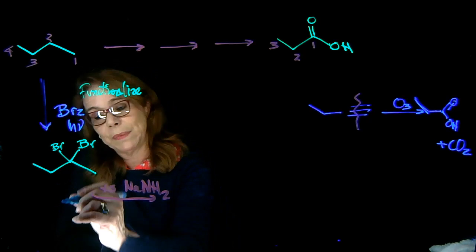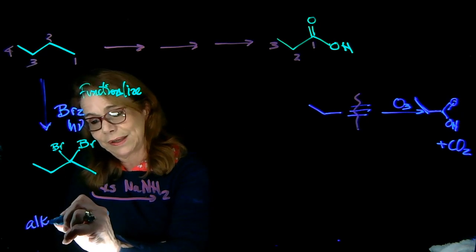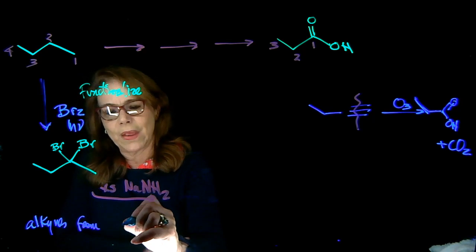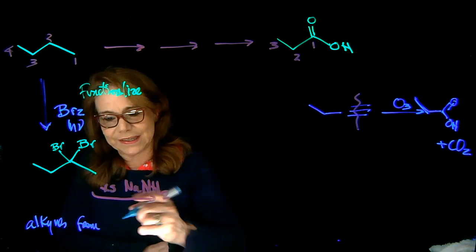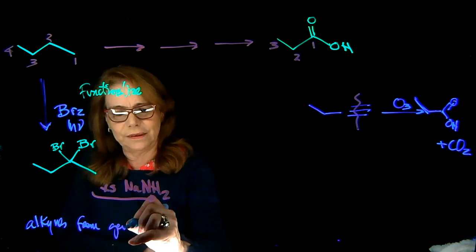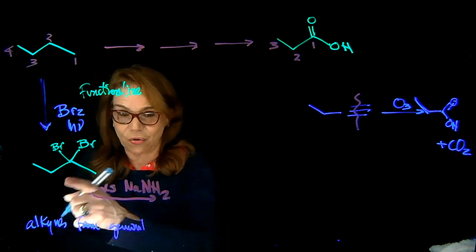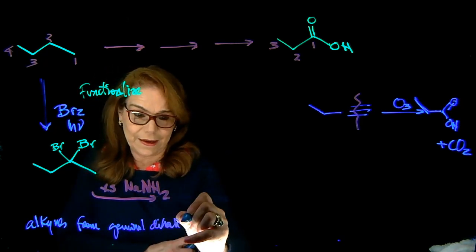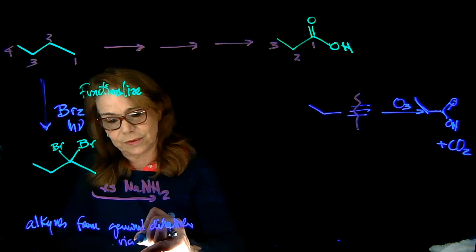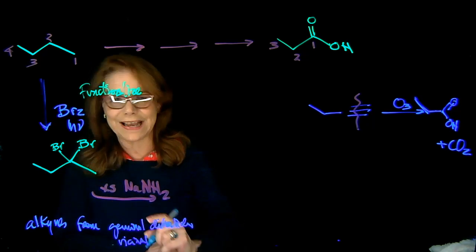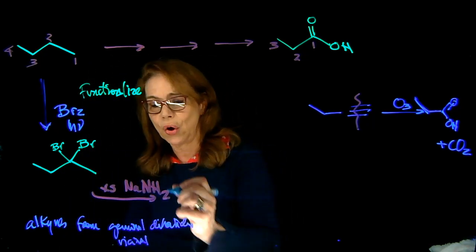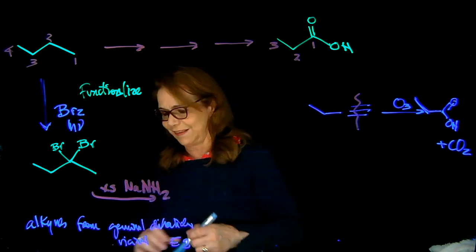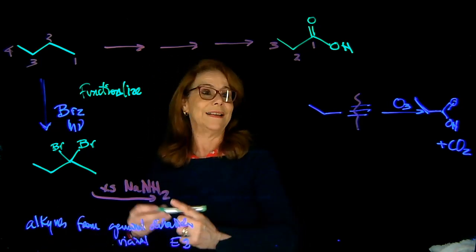Remember that we can make alkynes either from geminal dihalides, which is this case, or also from vicinal. So in this case, I have a geminal. I can do consecutive elimination reactions, and that way I will be making the alkyne that I need.